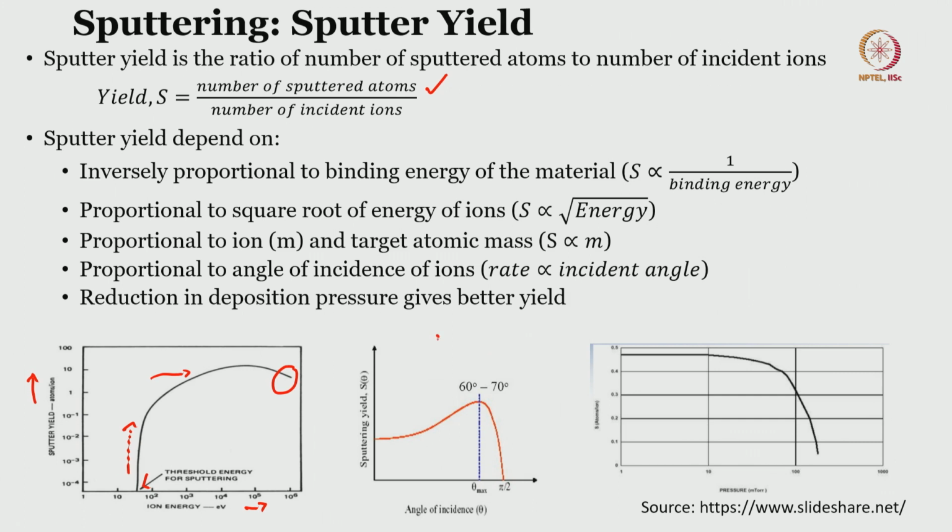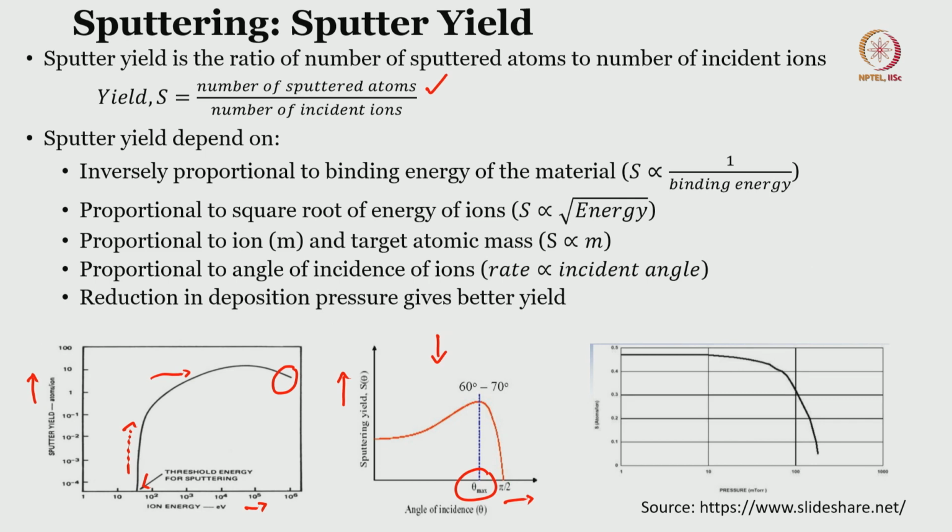What does this graph show? This graph shows how the sputtering yield corresponds to the angle of incidence. In this graph you can see that as the angle of incidence increases, the sputtering also increases, but then suddenly around pi by 2 it drops. In fact, there is what we call theta max, the angle of incidence at which the sputtering yield is maximum.